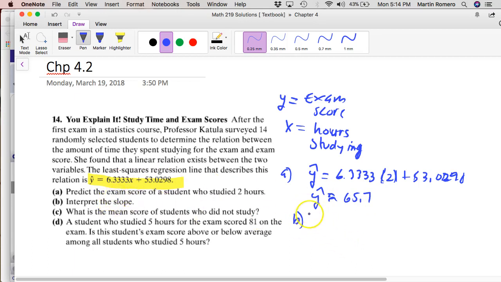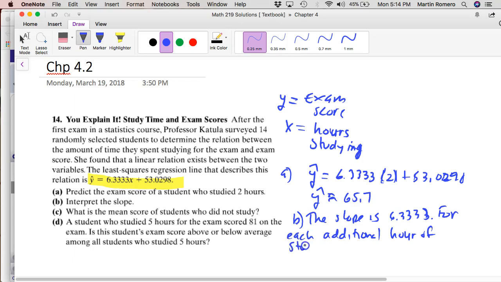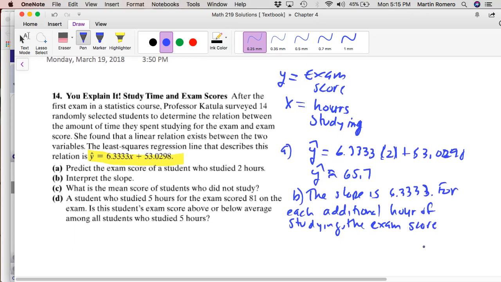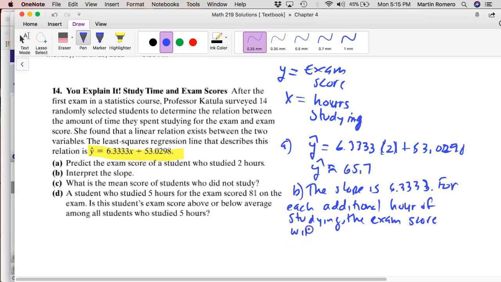Interpret the slope. Since the slope is 6.33, what this means is that for each additional hour of studying, the exam score will increase on average 6.33 points.